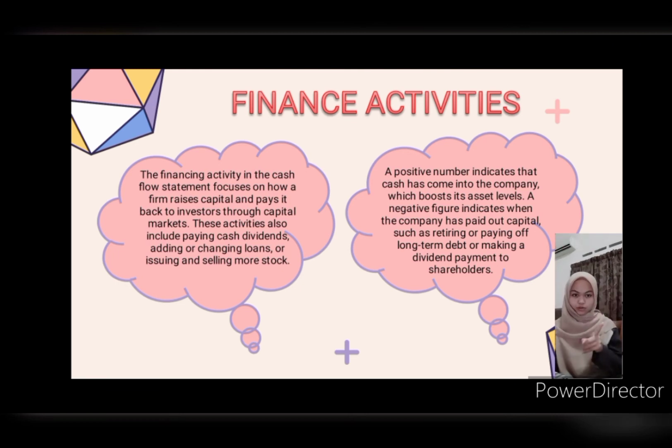In addition, the positive number on the cash flow statement indicates that the business has received cash. This boosts its asset level, while a negative figure indicates when the company has paid out capital, such as retiring or paying off long-term debt or making a dividend payment to shareholders.